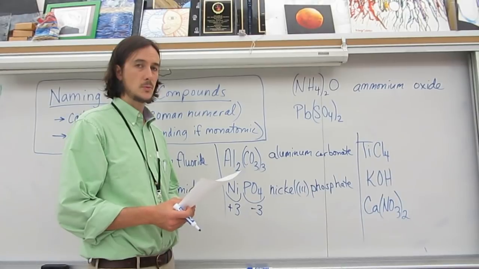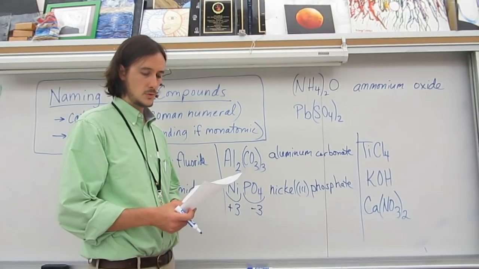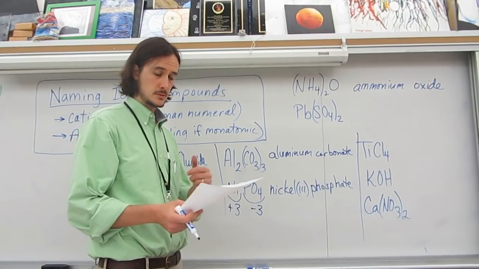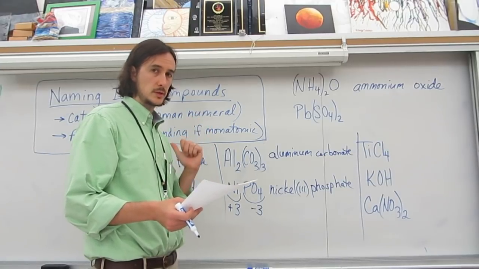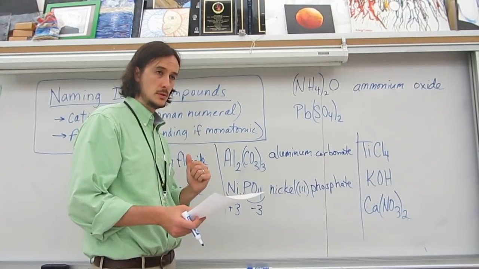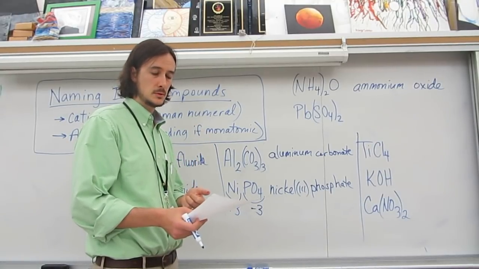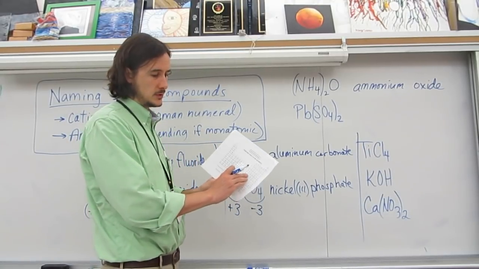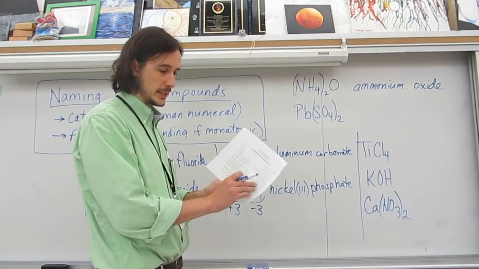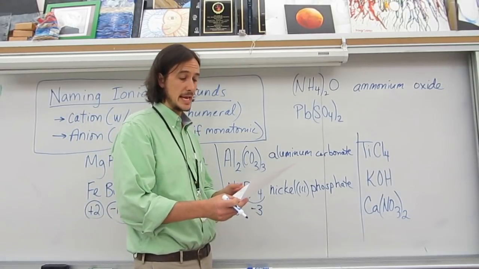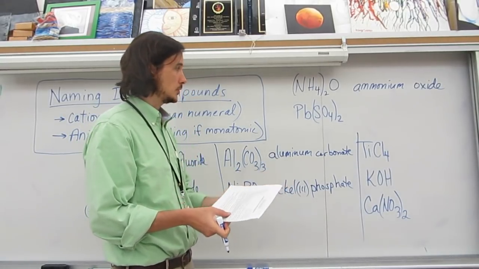Lead does form more than one charge. So for metals, if it's not group 1, and it's not group 2, and it's not in the triangle, we need a Roman numeral. Okay, so even on this section of the periodic table, we need a Roman numeral unless it's one of those 18 metals. So lead, we need a Roman numeral.